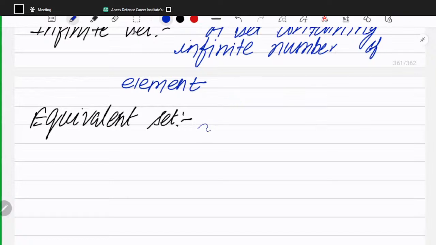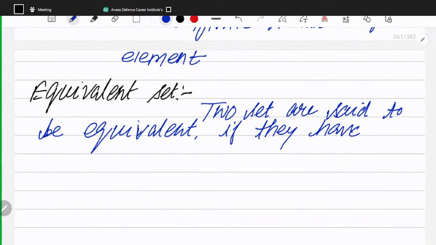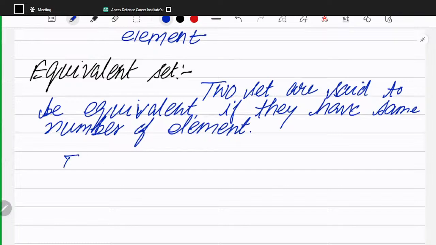Equivalent set. Two sets are said to be equivalent if they have the same number of elements. If n(A) is equal to n(B).